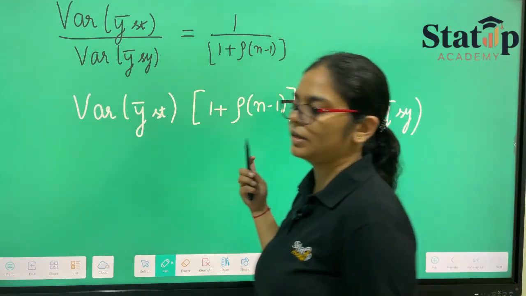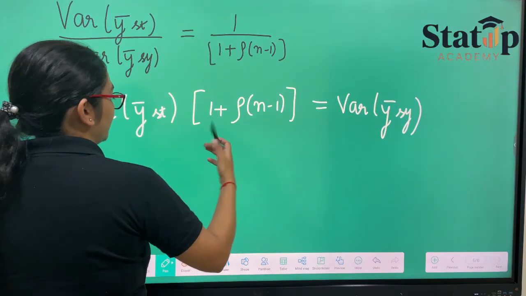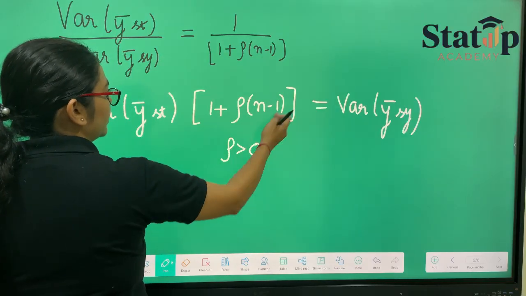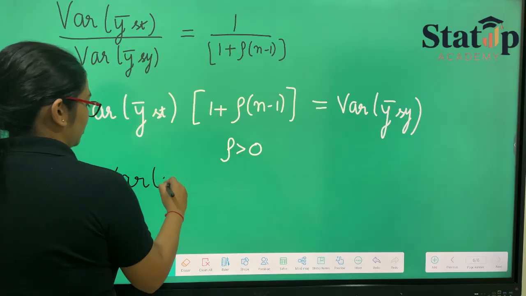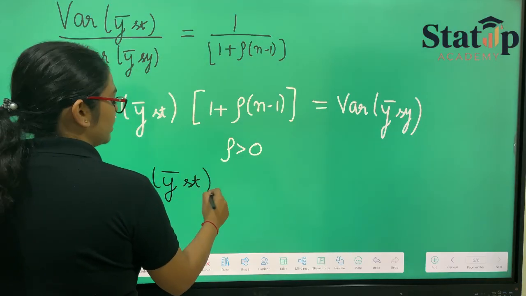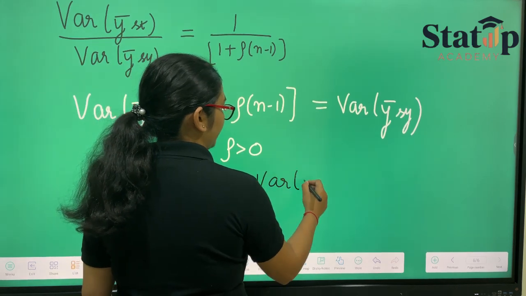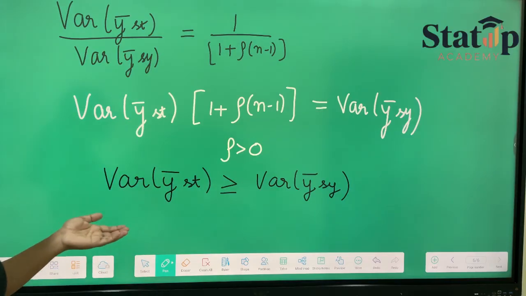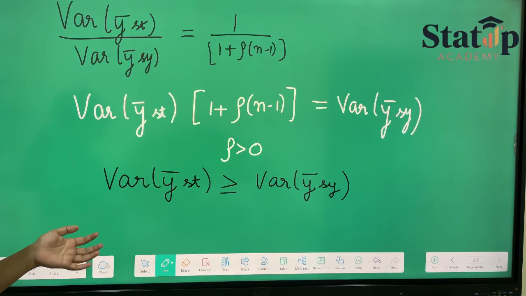So if rho is greater than 0, this whole term will be greater than 0. So variance of y bar st is greater than or equal to variance of y bar systematic, right?